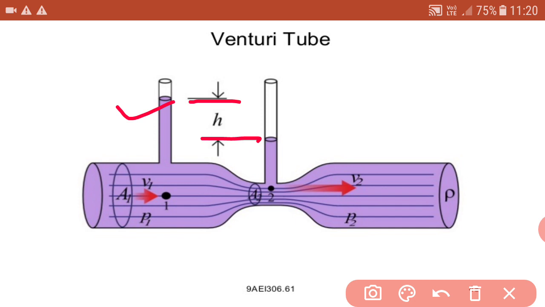Here the area will be A2, pressure will be P2, and velocity will be V2. By measuring this difference in pressure, we can measure the flow of fluid through this meter.